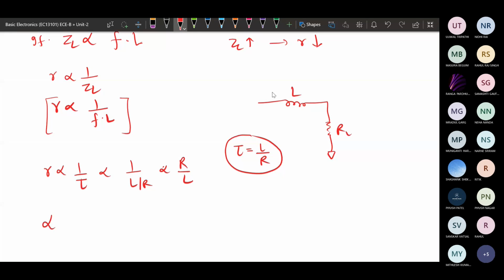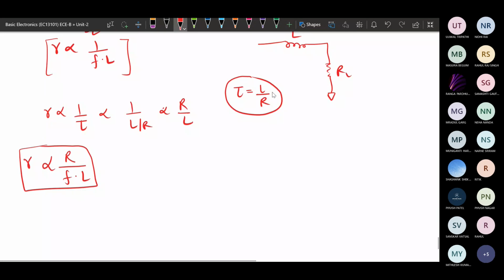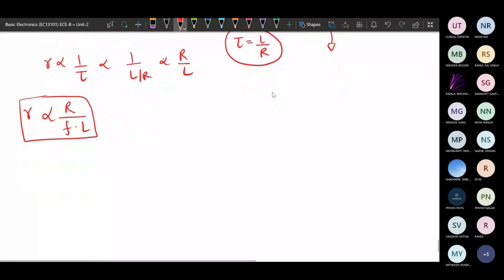Overall, we can conclude that the ripple factor is directly proportional to resistance and inversely proportional to frequency and L value. This is how we can design a filter circuit based on an inductor. So we should use a resistance of low value and an inductor of high value in an inductive type of filter circuit.